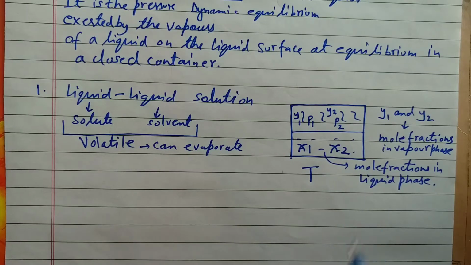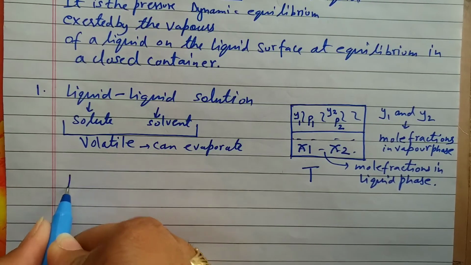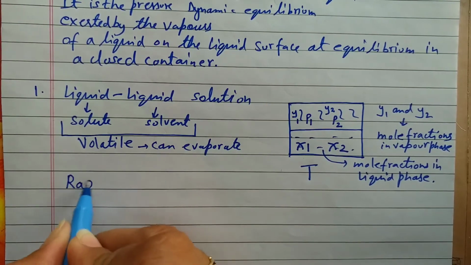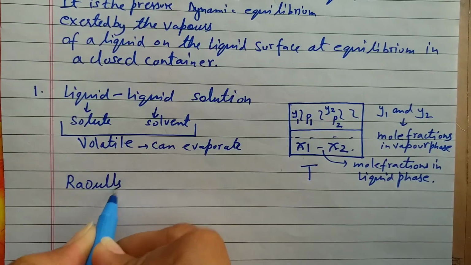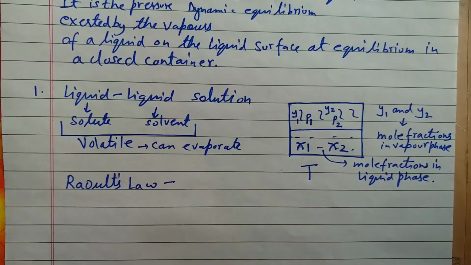Now for such a system of two volatile liquids, Raoult gave a law and a quantitative relationship also, which is known as Raoult's Law. So let's see what Raoult's Law is.